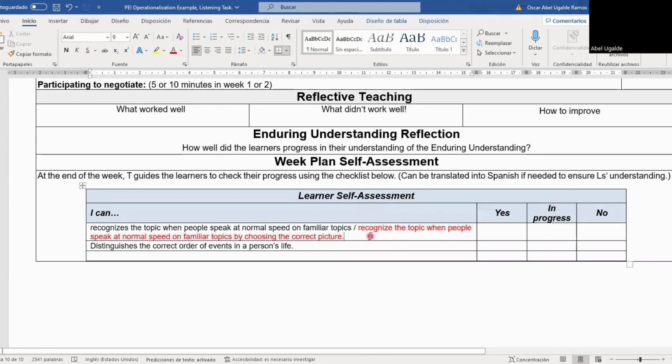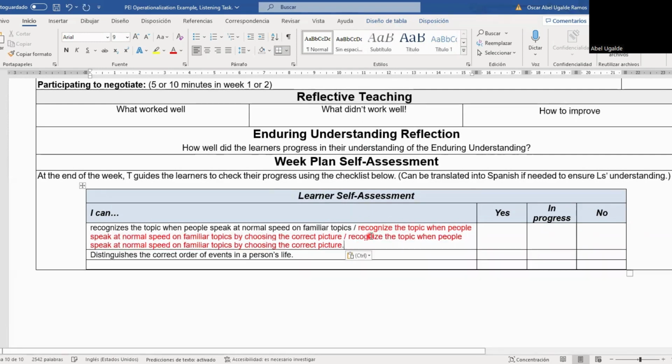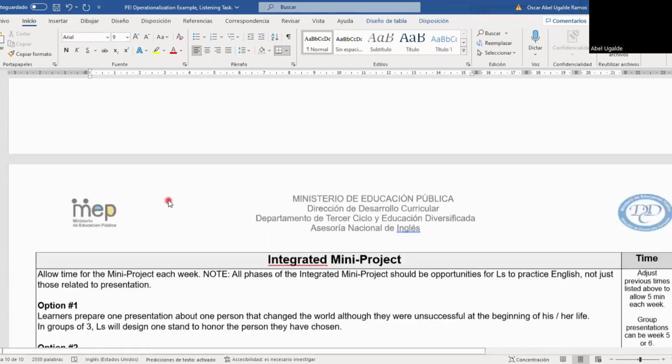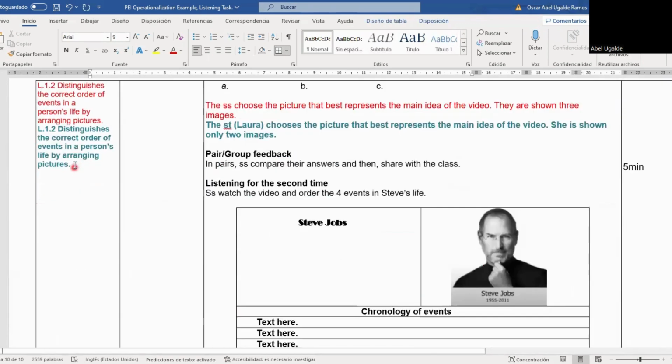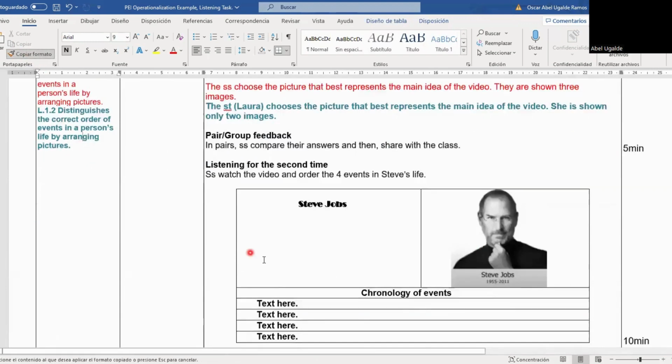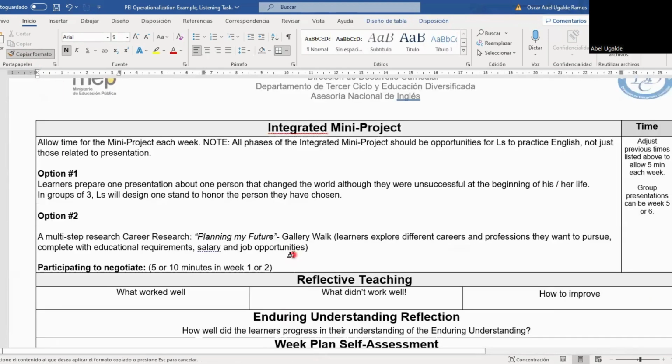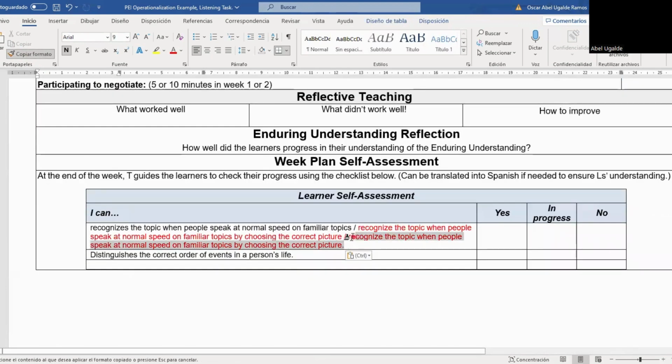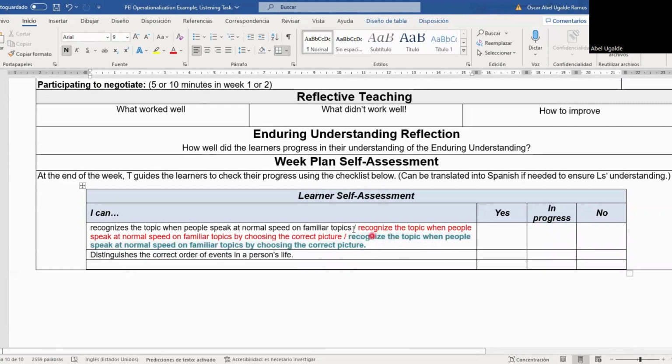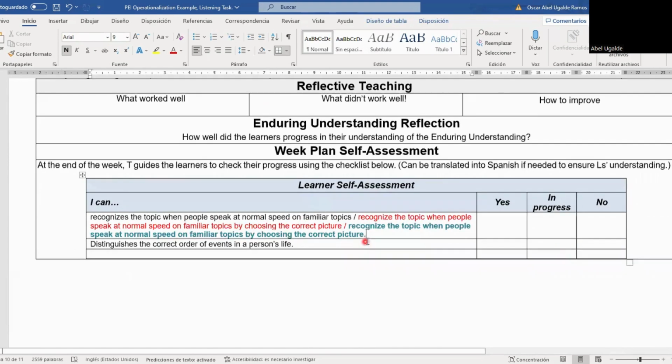Oscar, Ignacio, and Laura have the same, so I can just copy paste here and bring the color. The format is here, so I can just copy the format, go down, and then use the same format. So we see that we are assessing the group, Oscar, Ignacio, and Laura.